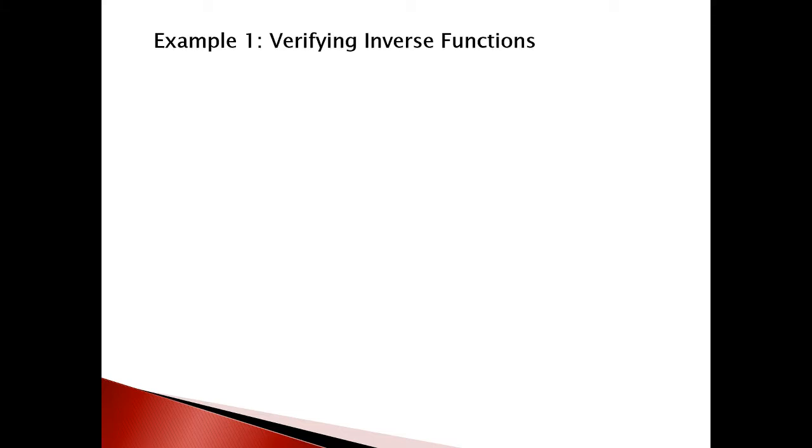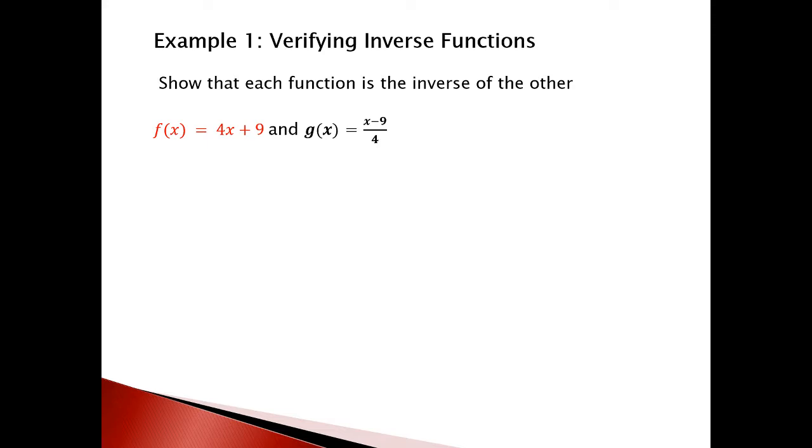Let's try to verify inverses of functions. Show that each function is the inverse of the other. We are given f of x equals 4x plus 9 and g of x equals x minus 9 divided by 4. The solution is, first you need to find f of g of x.